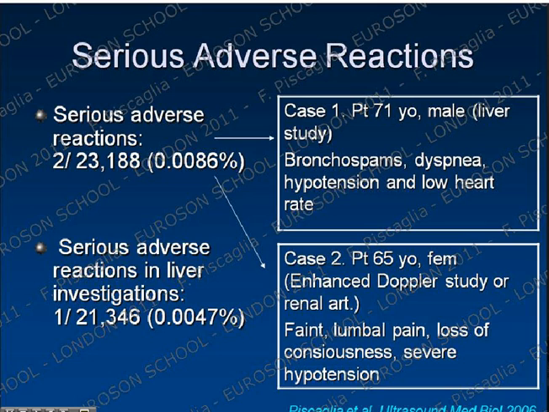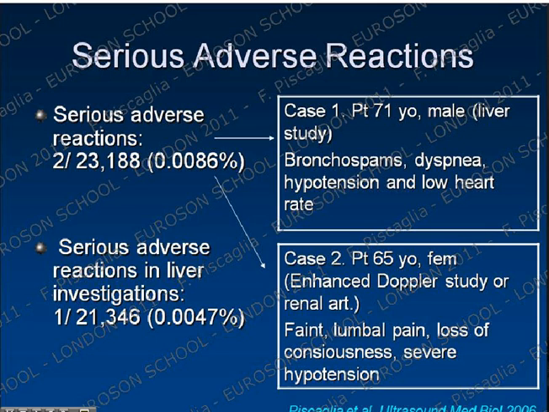And the second was not a serious case, it was a contrast-enhanced Doppler study because of a renal artery obstruction, which was already treated twice with stenting, and there was a need to investigate whether the stent was patent or not, and this was unclear, so the patient was undergoing an enhanced Doppler study.